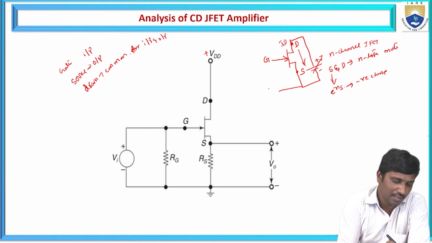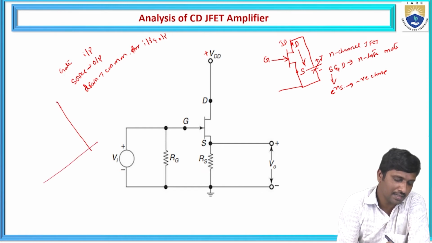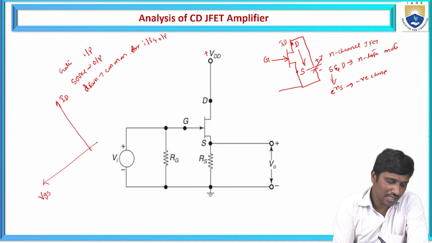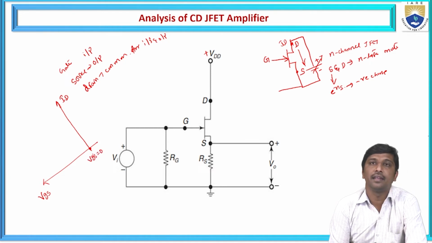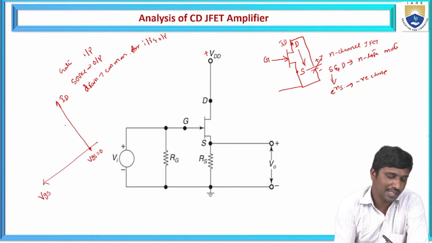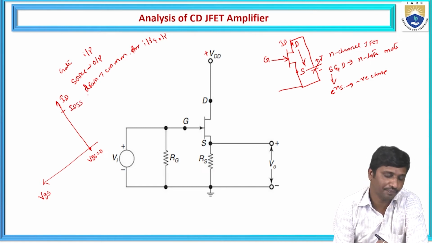For the N-channel JFET, the transfer characteristics are drawn between drain current versus gate to source voltage. What we observe from the transfer characteristics is that when VGS is zero, it offers a maximum current. That current is represented as the drain to source saturation current.